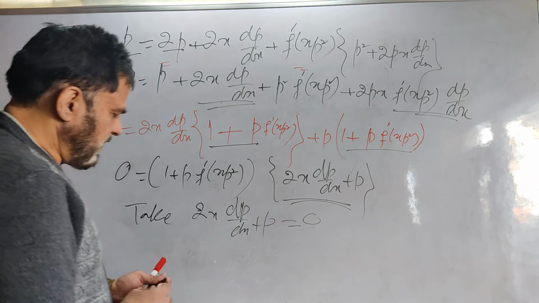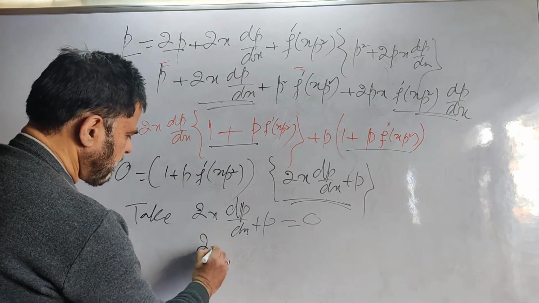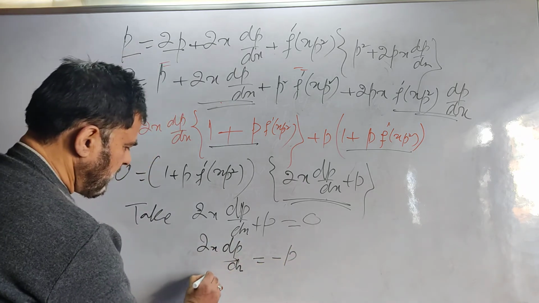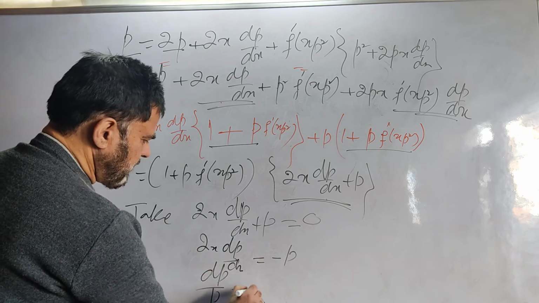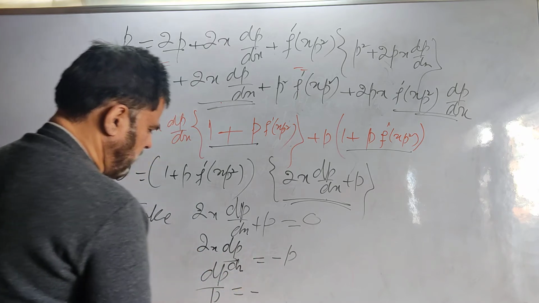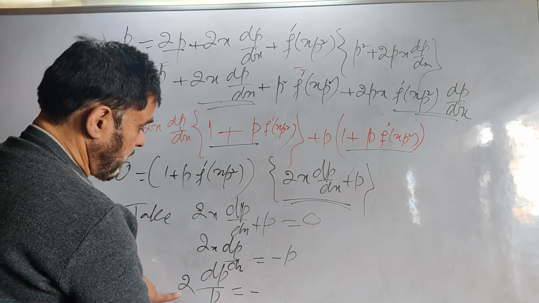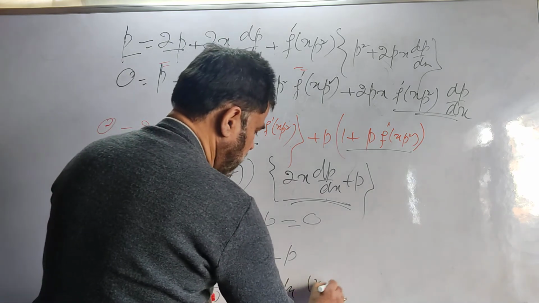I think here it is easily variable separable form. This you can write, it is 2x dp by dx is equal to minus p. This gives you dp by p is equal to minus 1 by 2x dx. I will write here twice dp by p is equal to minus 1 by x dx. So variables got separated.